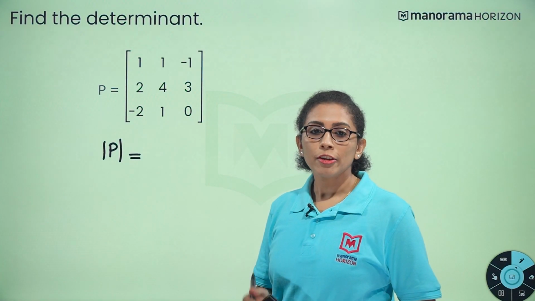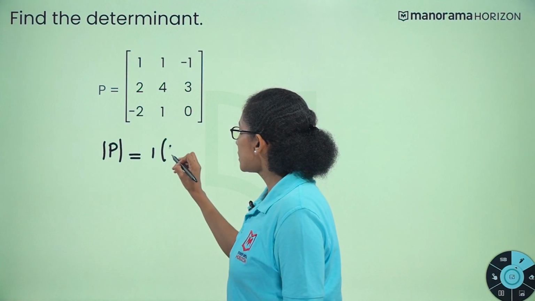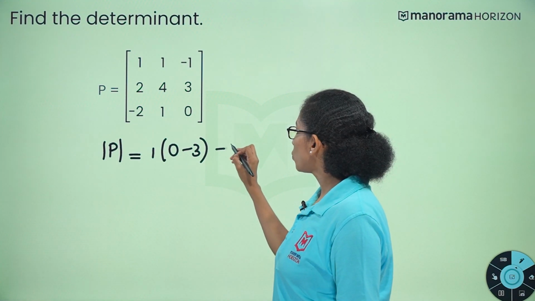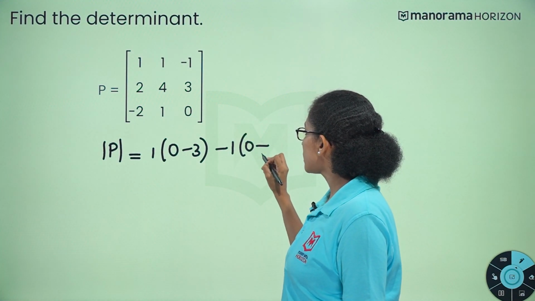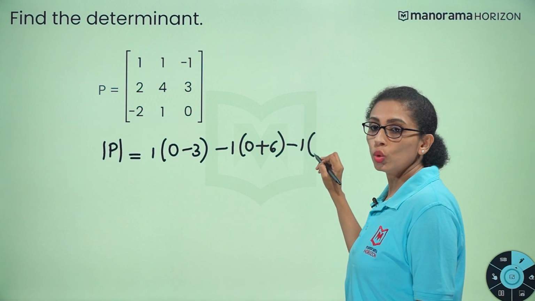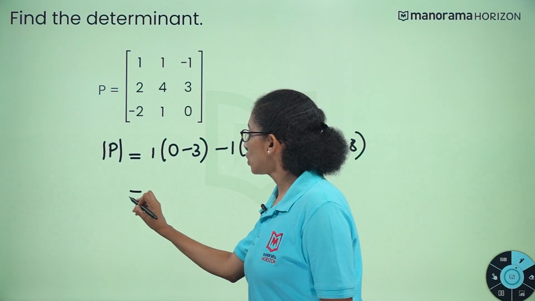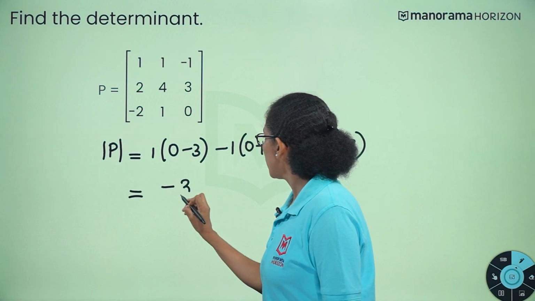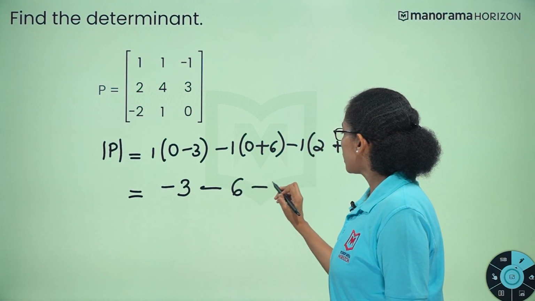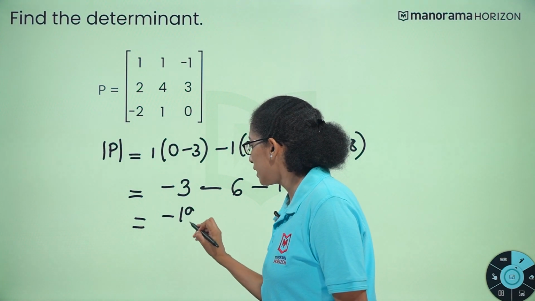So on solving, we get determinant of P is equal to 1 into 0 minus 3, minus 1 into 0 plus 6, minus 1 into 2 plus 8, which is equal to minus 3 minus 6 minus 10, which is equal to minus 19.